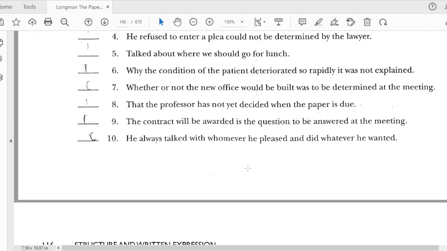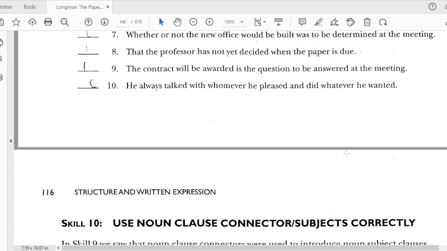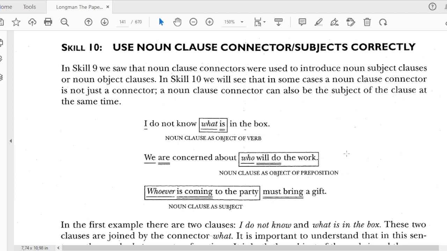Incorrect. Whether or not the new office would be built is to be determined by the meeting. Correct. That the professor has not yet decided when the paper is due. Incorrect. He always talked with whomever he pleased and did whatever he wanted. Correct. Okay, so this is the last one, guys.